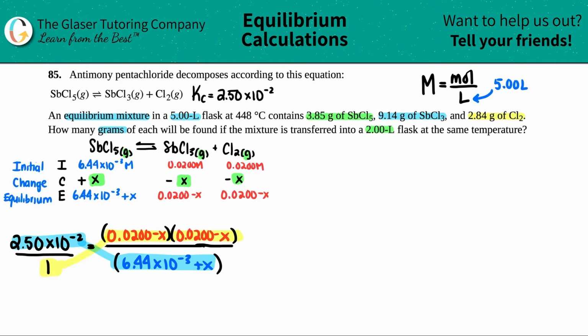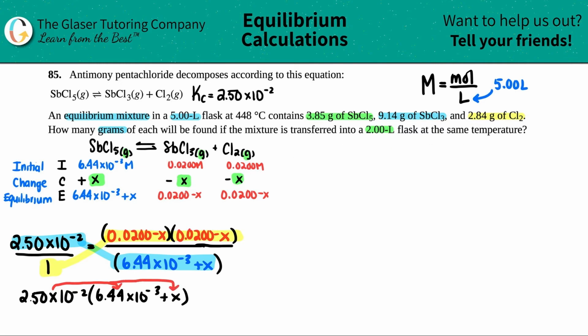Okay. So let's do the top part first. Actually, we'll do this cross first, right? So 2.50 times 10 to the negative second times 6.44 times 10 to the negative 3 plus x. This is distribution, right? You have to be fair. This has to be multiplied by this and the x value.